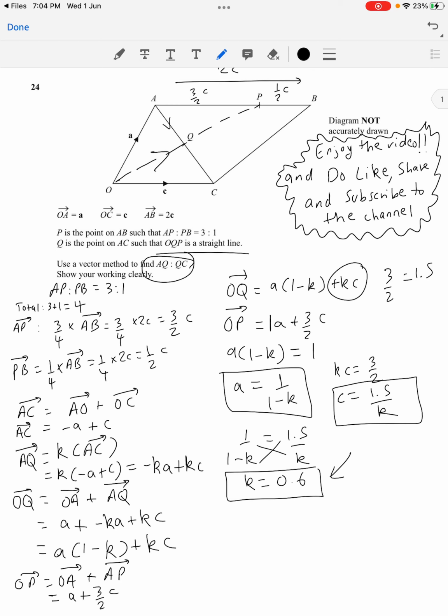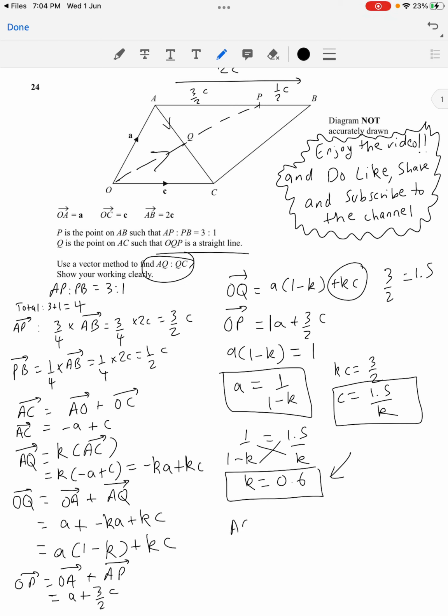Now this is a crucial step that you need to know: we have to find out what AQ to QC is. So we have to find out what AQ is. Since we know what AQ is, we have to find out what AC is. So that means we have to add this up with QC. Let's just find what AQ is first.